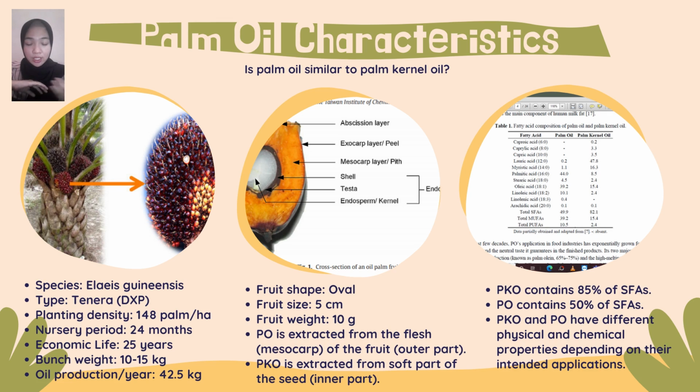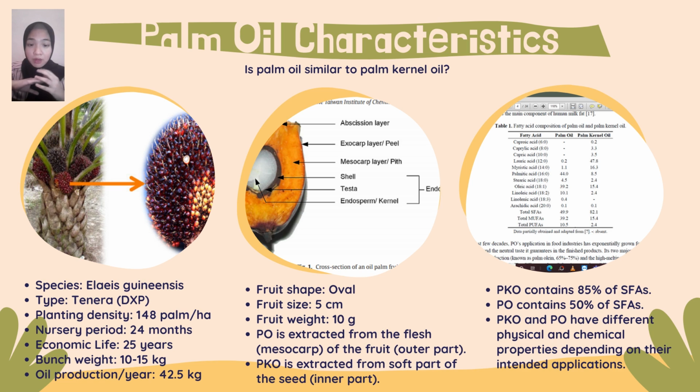What is palm oil? Is palm oil similar to palm kernel oil? Palm oil is not similar to palm kernel oil. PO, palm oil, and PKO, palm kernel oil, have different physical and chemical properties, depending on their intended application.